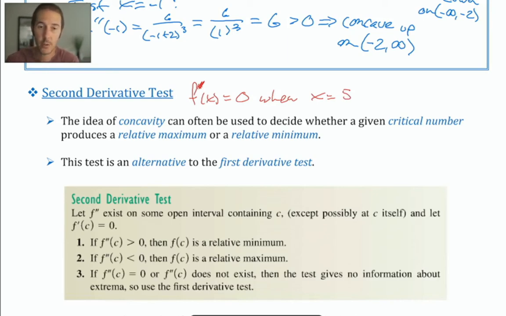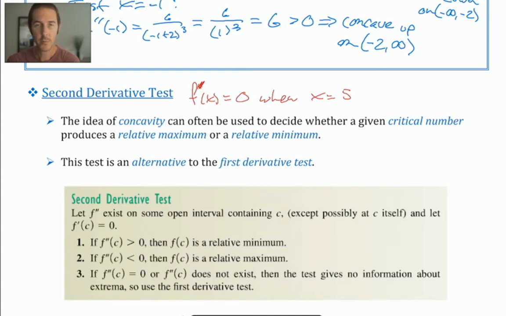That means that your original function, f of x, has a horizontal tangent line at the point on the curve when x equals 5, which means that it's possible that you're either at the top of a hill or at the bottom of a valley, which means you're at a maximum or at a minimum. But which one is it? How are you supposed to determine?